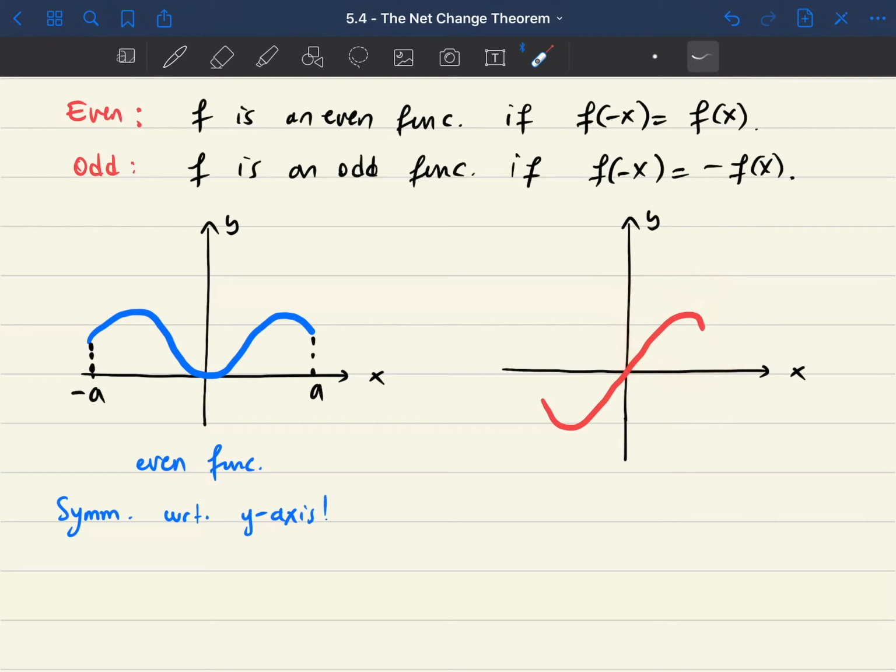Okay, so this is symmetrical with respect to the origin. All right, so again here we have, let's say, the interval negative a comma a. Okay, so this is an odd function. This is symmetric with respect to the origin.